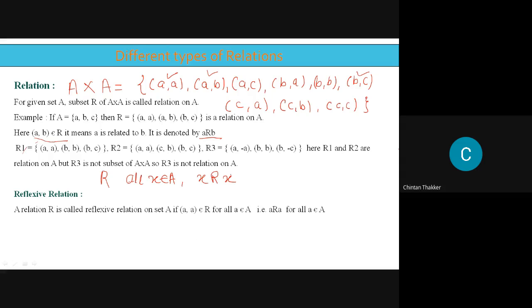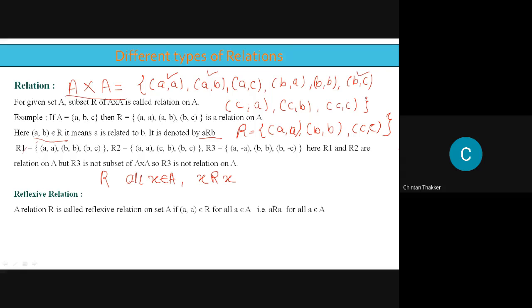So a relation R is called reflexive relation on set A if (a, a) belongs to R for all a belongs to capital A. So here, for this set A, we have the relation R which contains elements (a, a), (b, b), and (c, c).